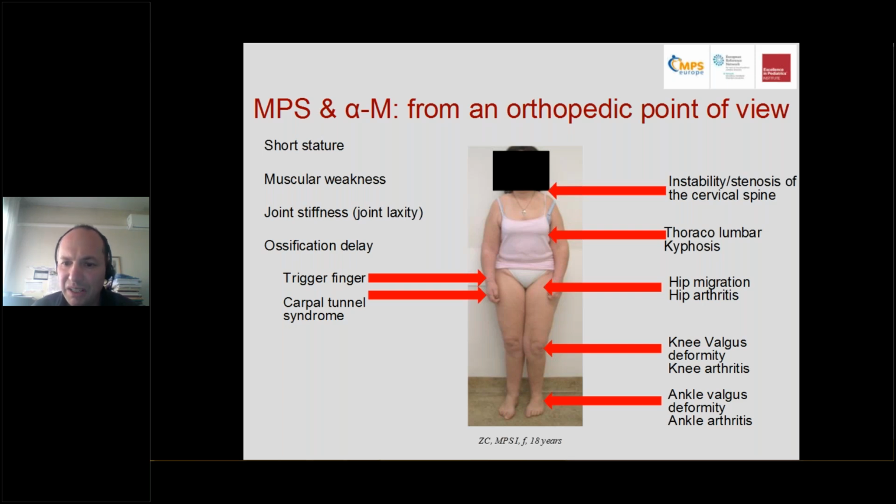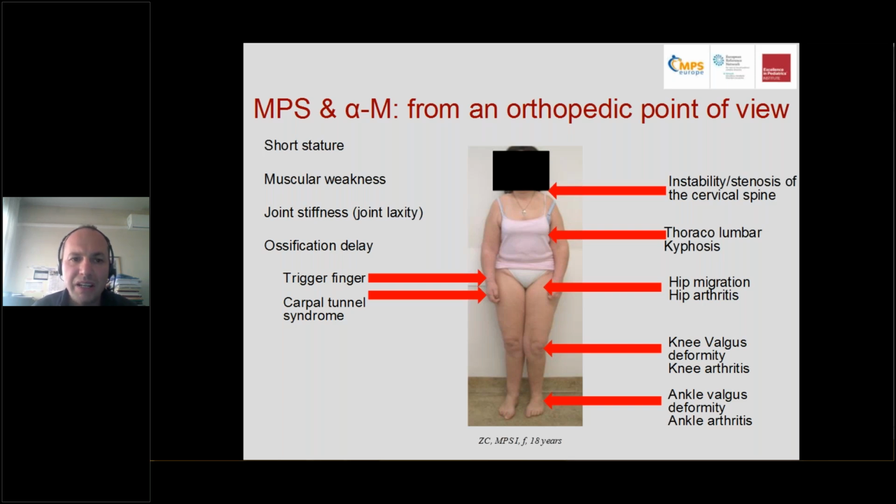In the knee, genu valgus deformity and knee arthritis in young adults. In the ankle, we have ankle valgus deformity, and later on ankle arthritis. I try to resume all the orthopedic aspects in this orthobiochemical classification, but we are going to go deeper and deeper, side by side, to see each one of these aspects.